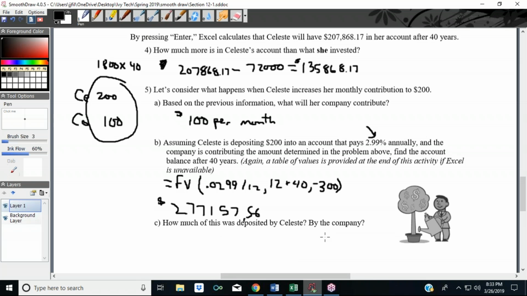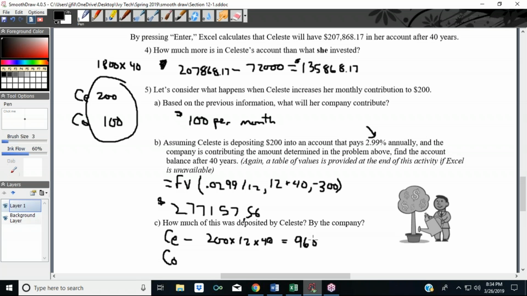So it says how much of this was deposited by Celeste and how much by the company. So let's see, Celeste is depositing $200 a month times 12 months times 40 years. $96,000.